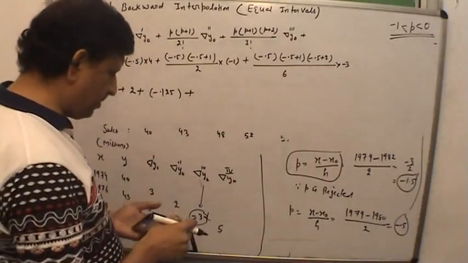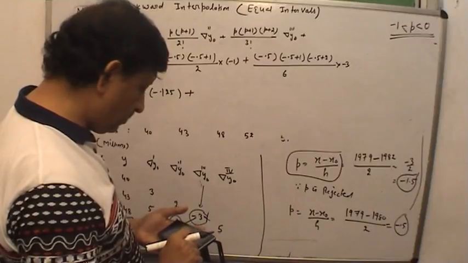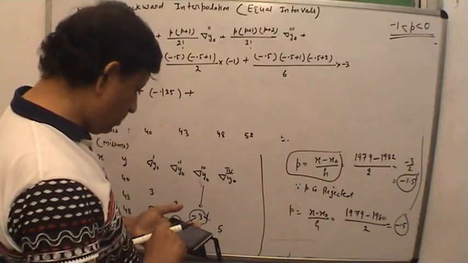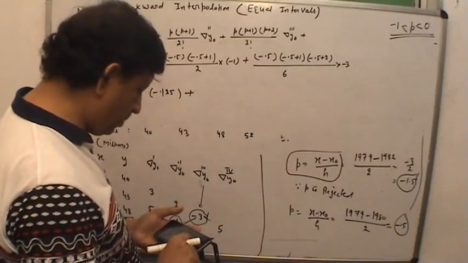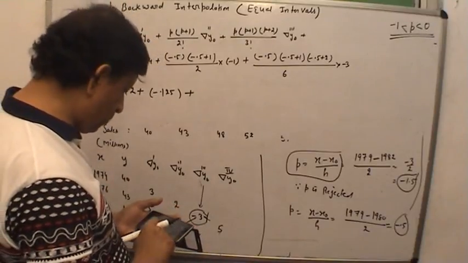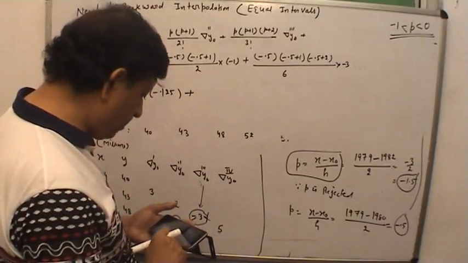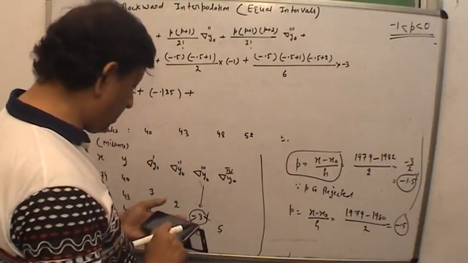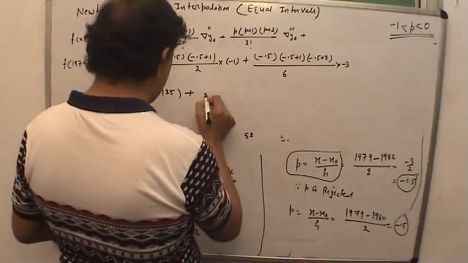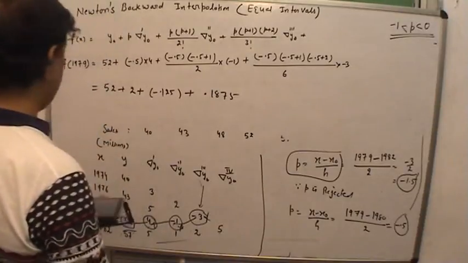We can calculate it: 0.5 into 0.5 into 1.5 into 3, that is equal to this divided by 6, and that's equal to 0.1875.